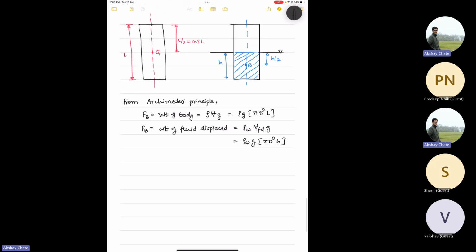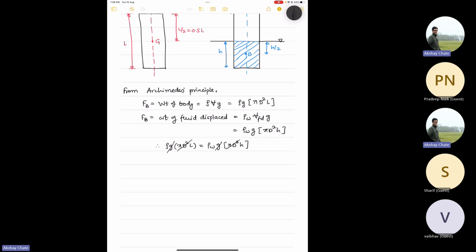Up to h level. So these two things should balance. Therefore, rho g pi d square L is equal to rho of water into g into pi d square h. So g cancels out, pi d square cancels out. So what is remaining is rho L is equal to rho W into small h.